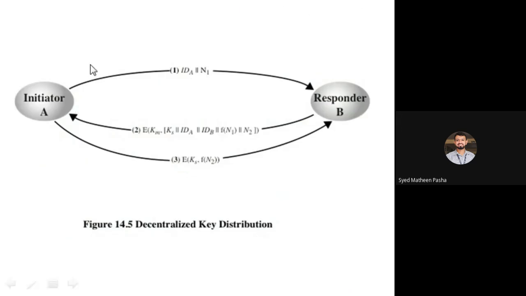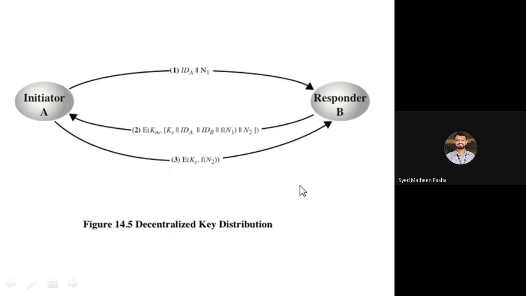So what is the disadvantage? There is no presence of a key distribution center here. The advantage of having a key distribution center is that whatever key is generated in the key distribution center is highly secure. If I take the key only from the initiators and responders, the key is secure but not that much.